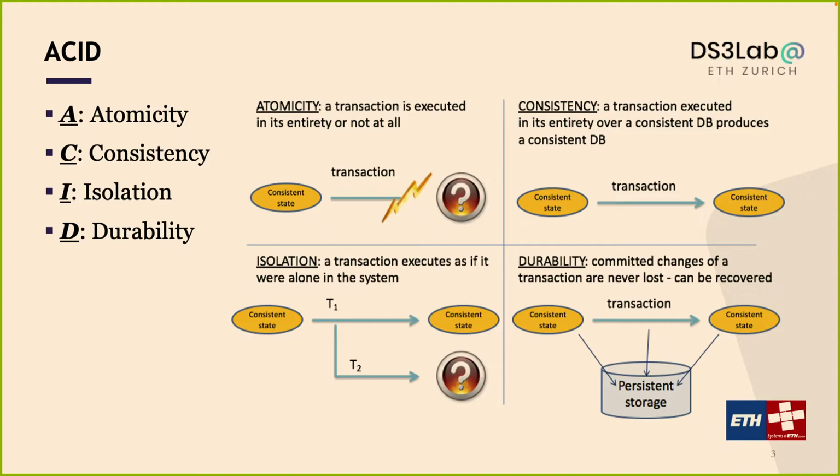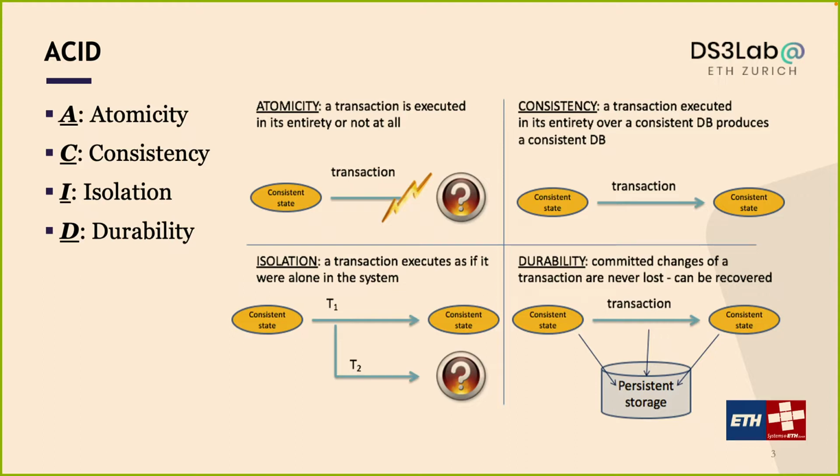The third property is called isolation, which concerns the cases when there are multiple transactions running at the same time. Isolation essentially says that even though you have multiple transactions running at the same time, it is as if transactions are running one by one in the system. Those multiple concurrent transactions are isolated in some way.